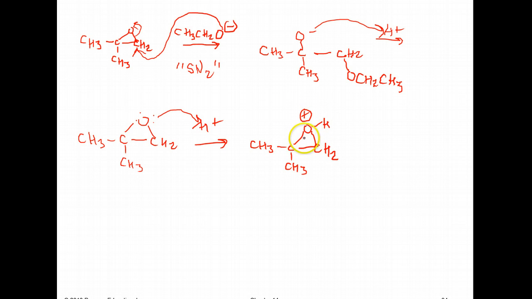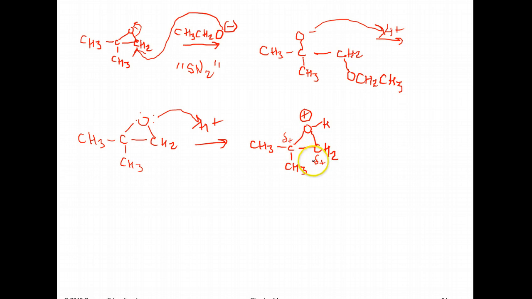And the question is, which bond do you think is going to want to start breaking? All right, do you think it's equal, or do you think one wants to break more than the other? Well, obviously, since I have regioselectivity, one of these bonds is going to want to break more. Okay, which one is it? Well, if my nucleophile attaches to this carbon, then obviously this is the bond that wants to break more. And why is that? The reason is because, remember, I have a partial positive on this carbon, and I have a partial positive on this carbon.